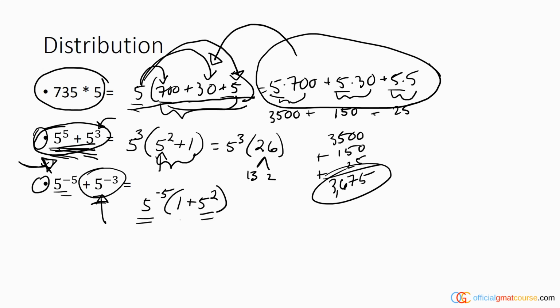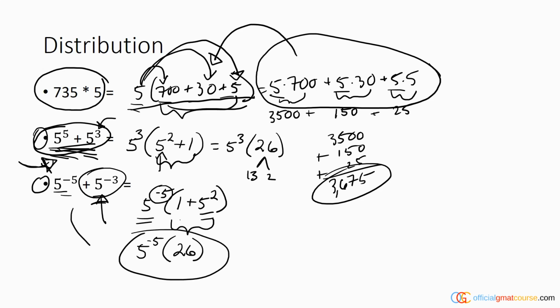And the reason we pulled out the least exponent is because that allows us to add together whole numbers in the interior. So we're going to get 5 to the negative 5 times 26 again, and that is another way of representing this situation. So it depends on what the answer choices look like. That will determine how you want to solve the equation.